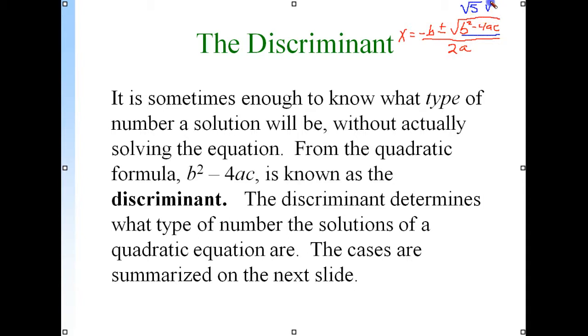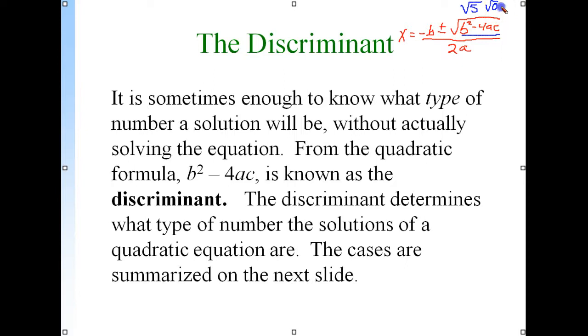If it is the square root of 0, then you're only going to get one answer, because plus or minus 0 doesn't change anything. It's just going to be negative b over 2a as your one answer if the discriminant is 0.